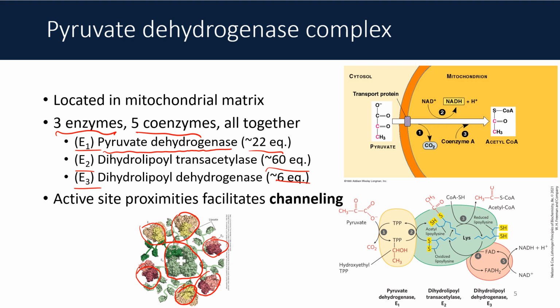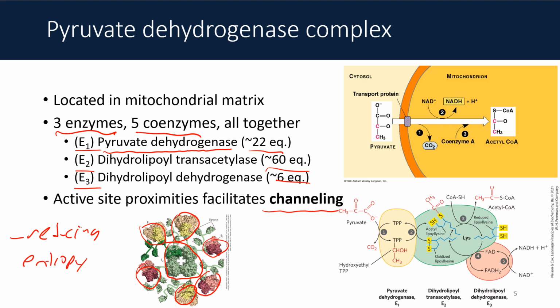The benefit of this very intricate arrangement of many different active sites is called channeling. One enzyme begins where another enzyme ends. So it's kind of like an assembly line. We can carry pyruvate from E1 to E2 to E3. And the benefit of that is we are reducing entropy.